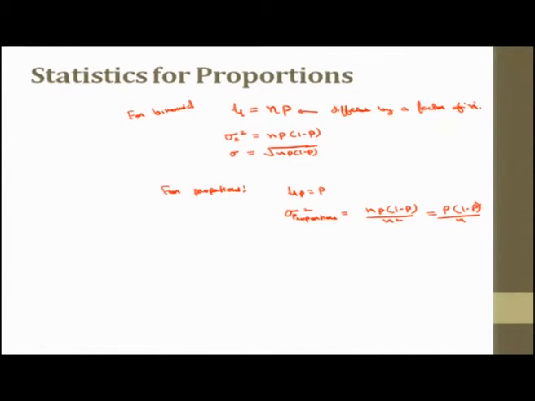So the standard deviation for proportions is equal to the square root of p into 1 minus p by n, where p is the probability of success.